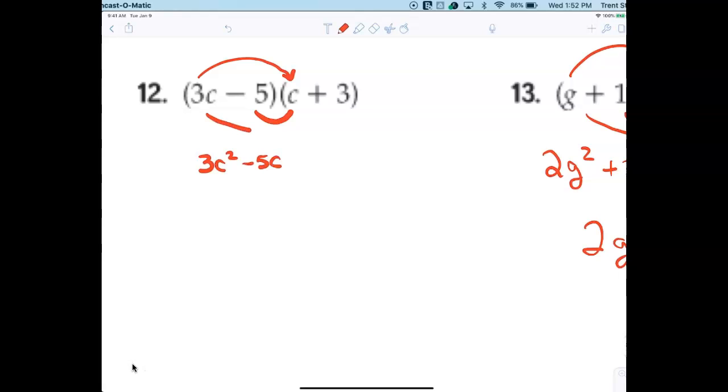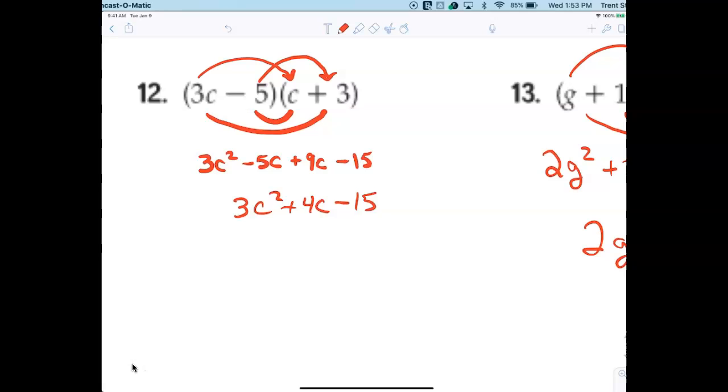And then the second smiley face: positive 9c. And then here, that becomes a what? Negative 15. And if you've done it correctly, the two middle terms combine. So I have 3c squared plus 4c. Come on, simple, simple, simple.